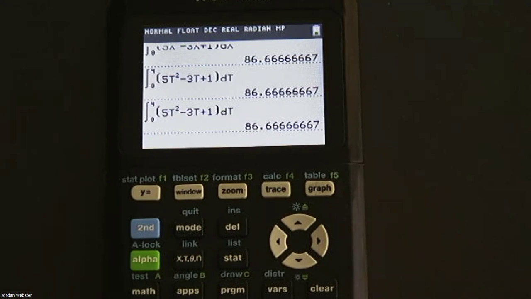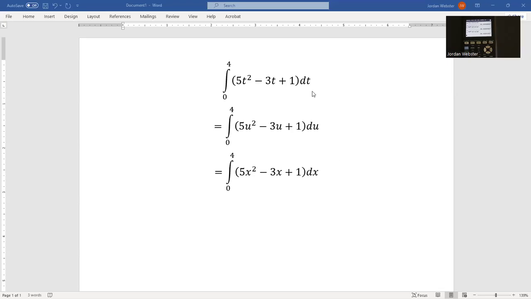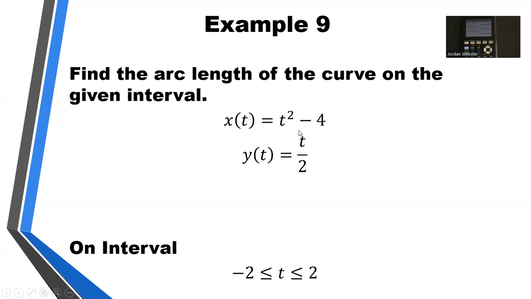I'm going to do two examples of where this came up in our parametric with calculus lecture. This was an example we saw finding the arc length of this parametric curve, which happened to be a parabola pointed right on the interval from -2 to 2.